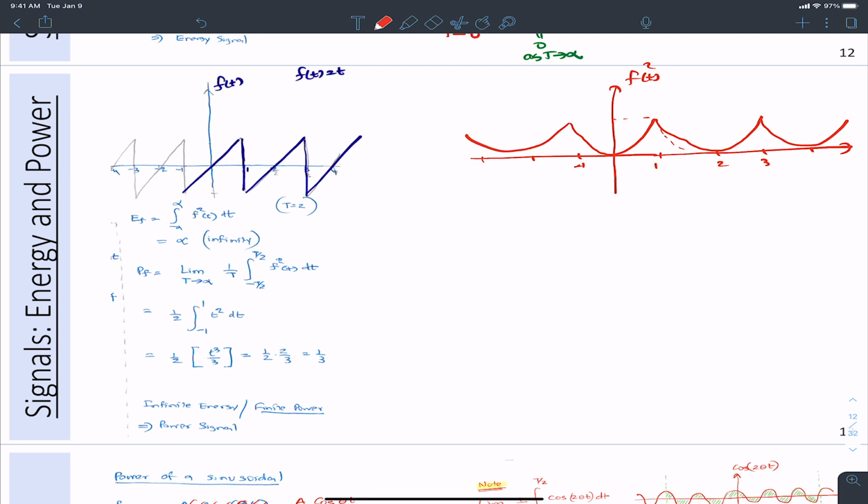That is f(t) squared. Now by integration we want to find the area under this f(t) squared, so that's the area I'm shading. If you integrate this area from minus infinity to infinity, that is infinity. So that's why the energy is infinity.